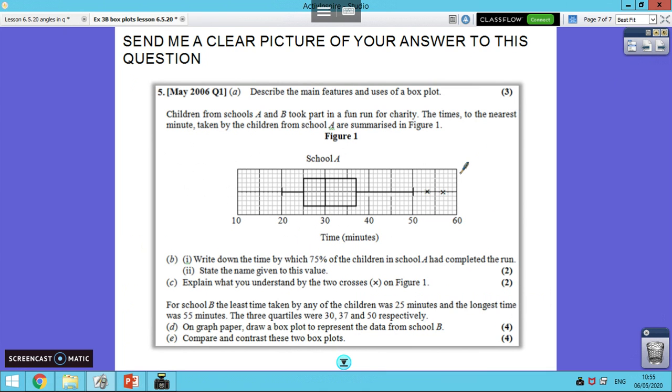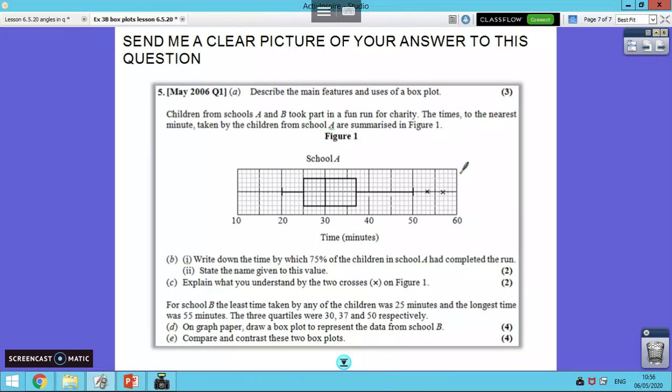Now, what I would like you to do, I don't need a picture of the exercise. What I would like you to do is to have a go at this exam question. And I would like you to take a picture of this exam question, and I'd like you to send it to me exactly like you did last week. Now, I gave you till Sunday to do it, and I'll do the same thing this week.